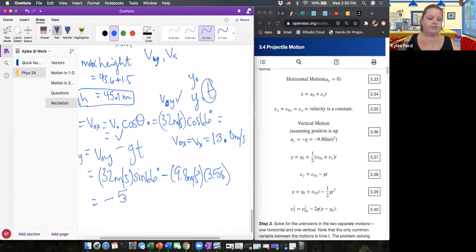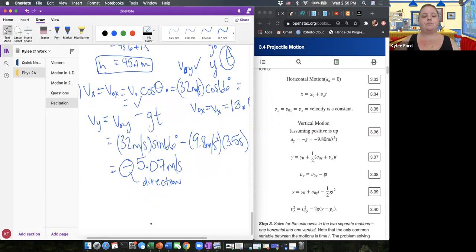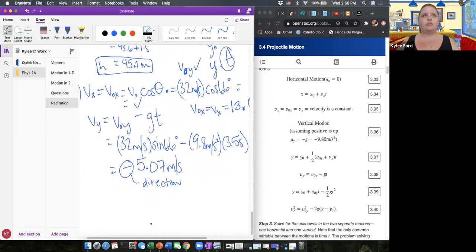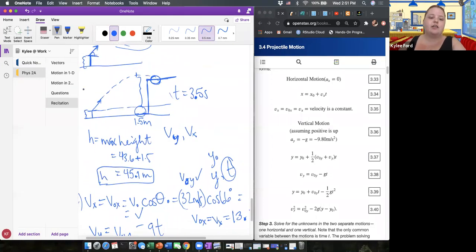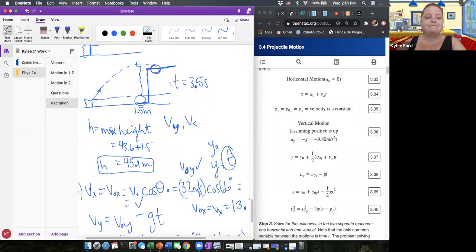That's actually a negative 5.07. Remember that the negative is giving us direction. The fact that it's negative means it's no longer going in the positive y direction, it's now coming down in the negative y direction. Like my little sketch here, this would be all positive y, and then after that maximum, it's going to be negative, okay?